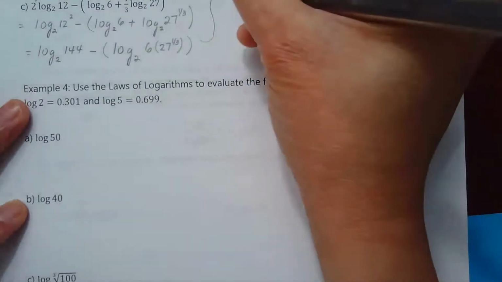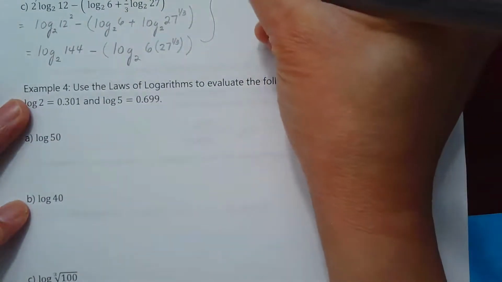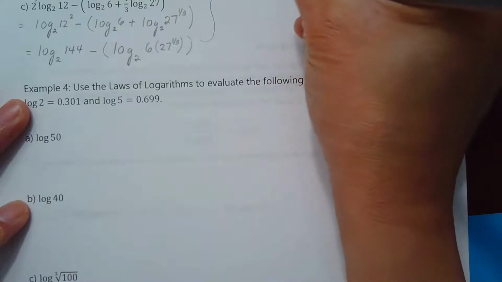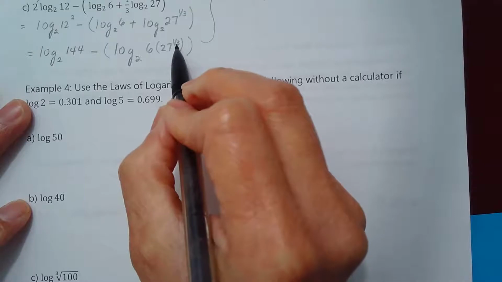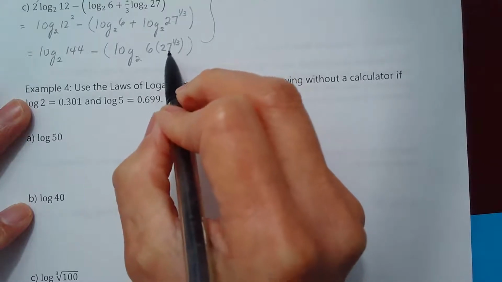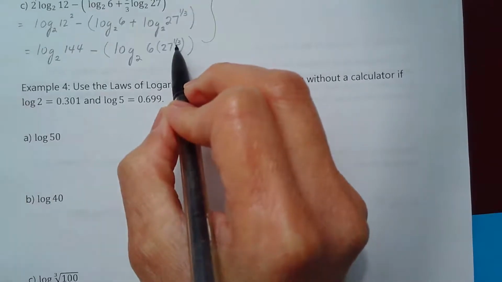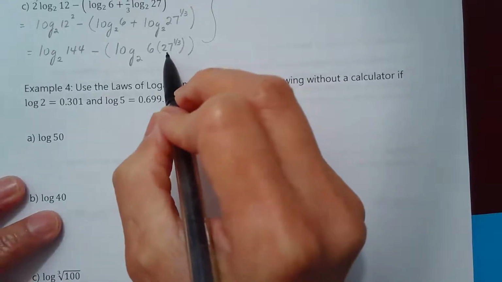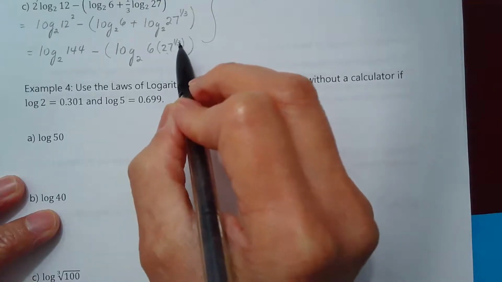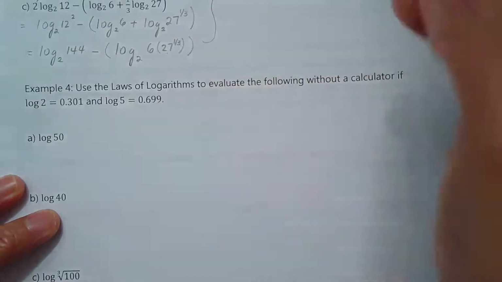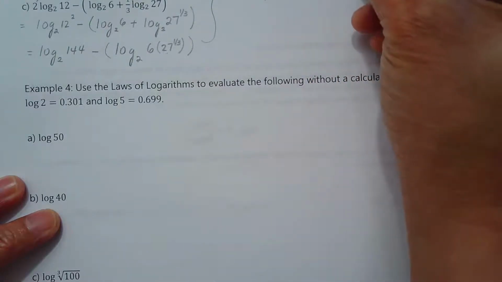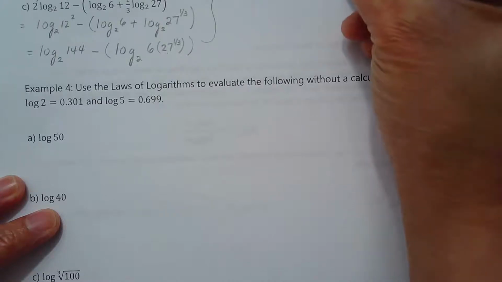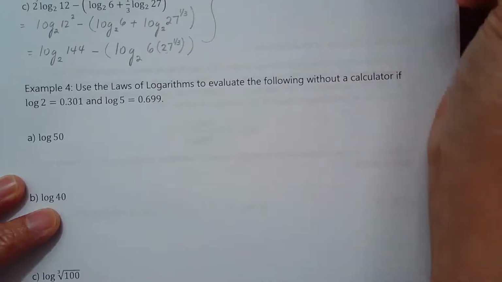And you're probably thinking, okay, log of 144 minus 27 to the 1/3. Well, that 27 to the 1/3 is really the cube root of 27. So what's the cube root of 27? That's 3. So we can write that as log of 6 times 3. Again, that's base 2.